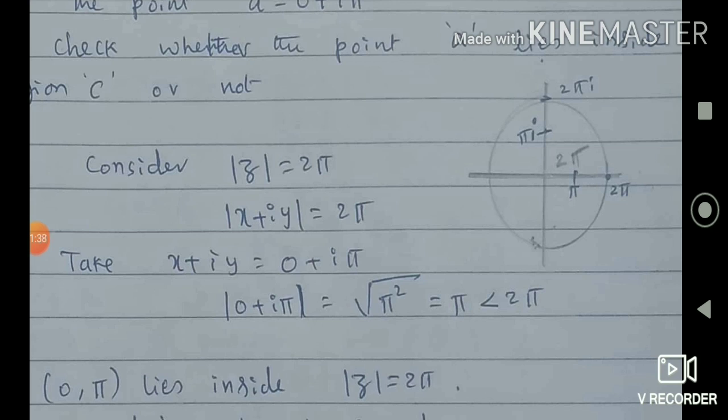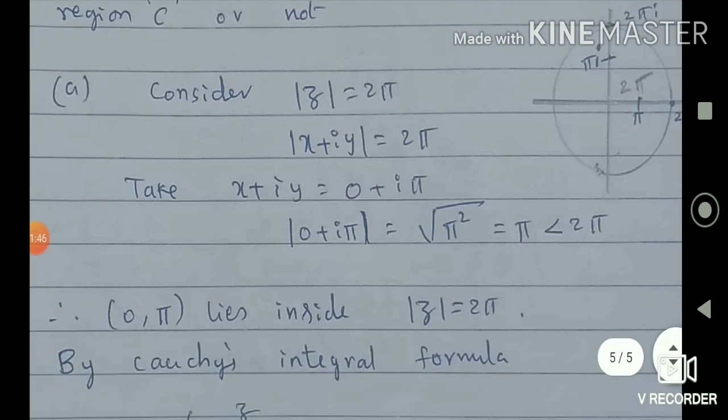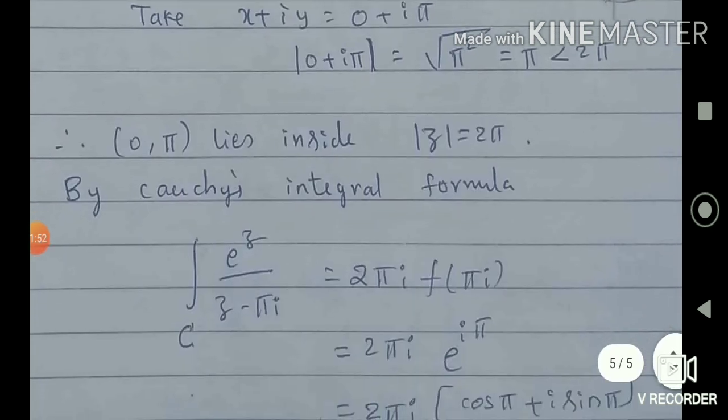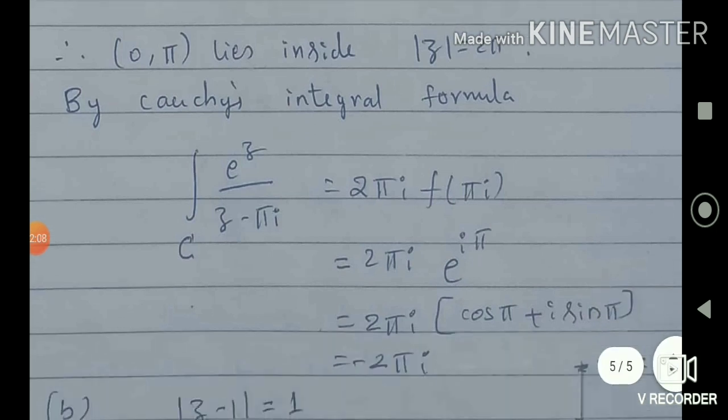Substitute x as 0 and y as pi, we get pi, which is less than 2 pi, the radius of the circle. Hence the point (0, pi) lies inside the circle mod z equal to 2 pi. We can apply Cauchy's integral formula. We will get 2 pi i into f of a, where a is pi i, and substitute z as pi i. My function f of z is e power z, so e power pi i. E power pi i is nothing but cos pi plus i sin pi. Cos pi is minus 1, sin pi is 0. You will get minus 2 pi i as the answer in this case.